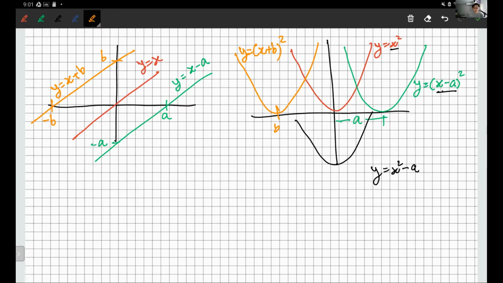All right, so now the conclusion is, if the translation is to the right, what you need to do is turn x into x minus a. Is this the right translation?